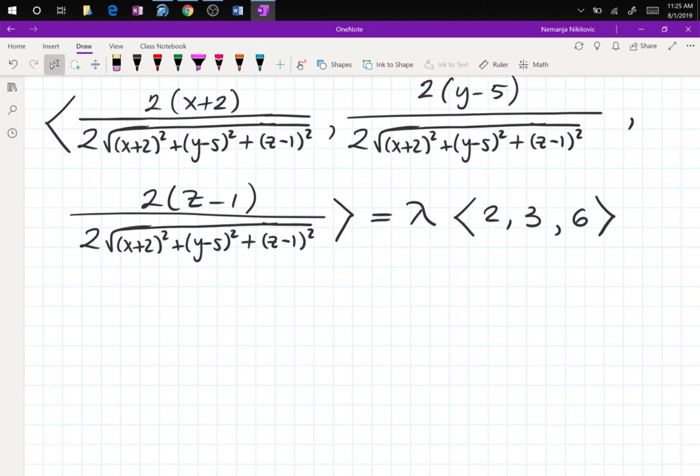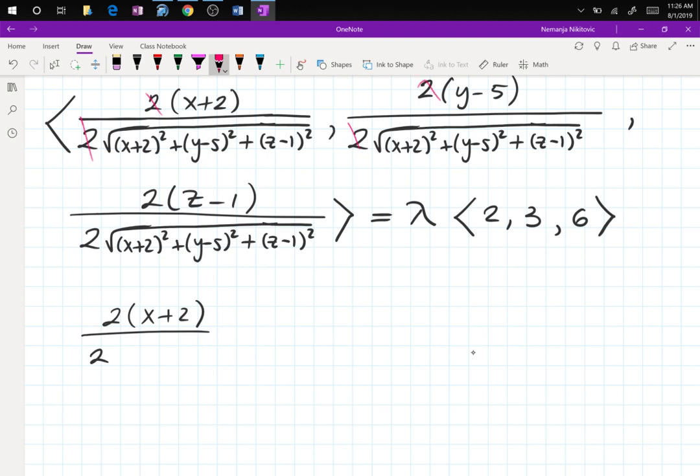So now that I have the equation here, I write the set of 4 equations, because it's a three-dimensional input. We'll have 3 equations, and then the constraint g is the 4th equation, because we also have lambda as a variable. So 2 times x plus 2 divided by 2 times the square root, we can just cancel all of these 2's.